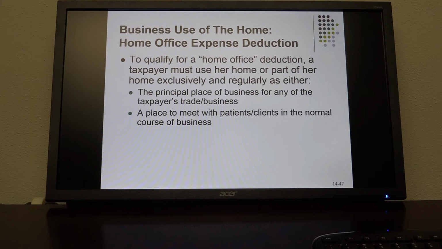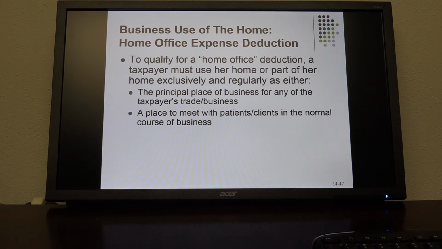In the case of Dr. Solomon, if this case were happening now, certainly if he had a home office that he used exclusively and regularly to bill clients, that's certainly going to be meeting the one requirement, the principal place of business for any of the taxpayers' trade or business, right?